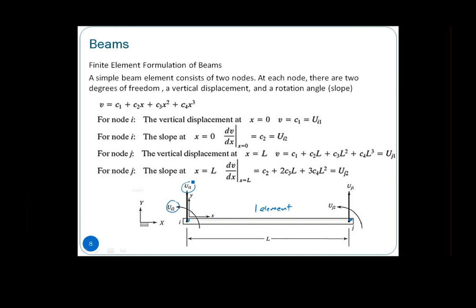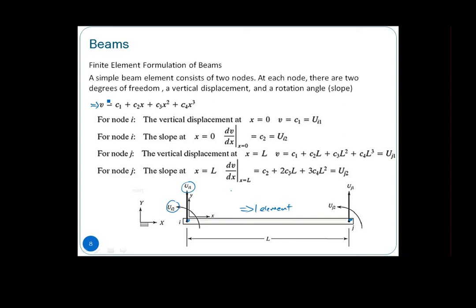So to let you know in advance first, what we can do is assume, like previously in the one-dimensional case, our V equals C1 plus C2 X plus C3 X squared plus C4 X cubed.